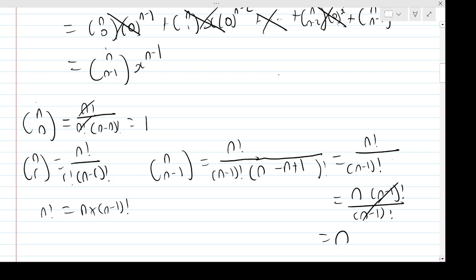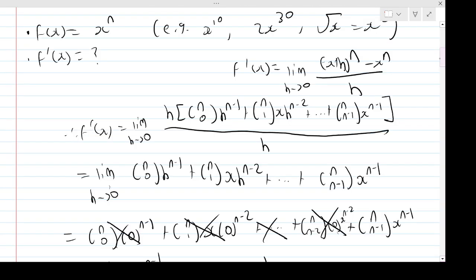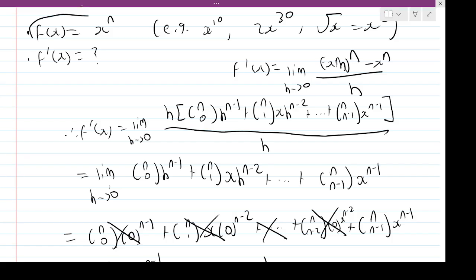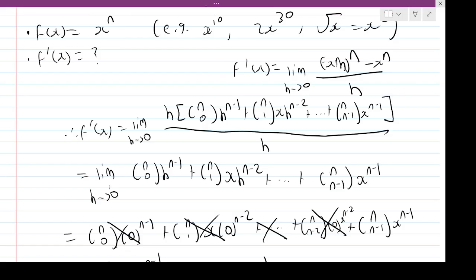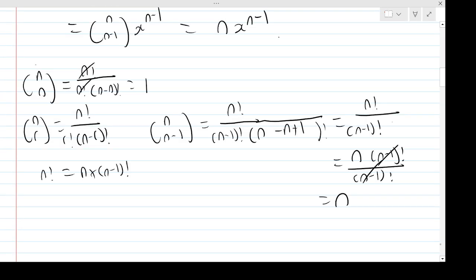So I can substitute that into my result here to say that this is n x to the n minus 1. And that's it. I can't do anything more with that. So that's telling me, overall, if I go back to my original problem, my f of x was x to the n. That's what I was finding the derivative of. And I found that the derivative was n times x to the n minus 1.